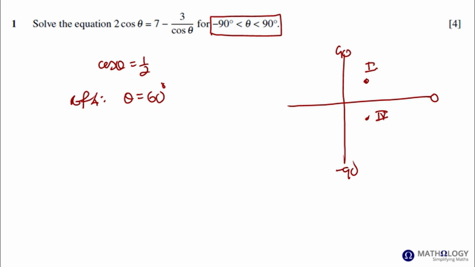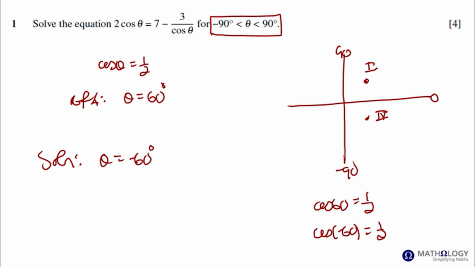So cos 60 is a half, and cos minus 60 is also a half. So the solution is theta equals minus 60 or 60 degrees.